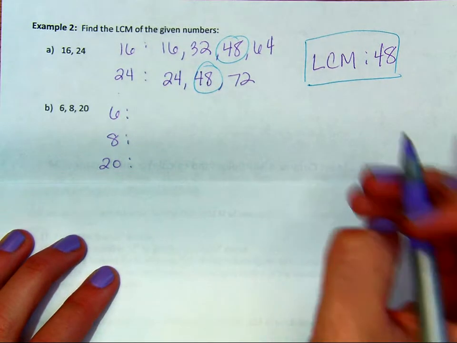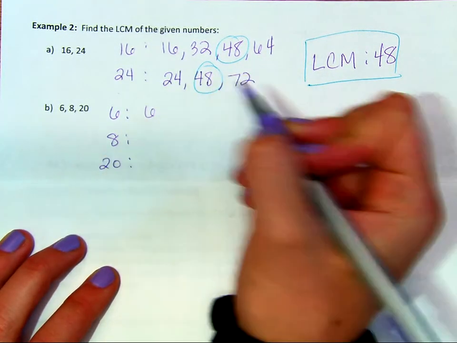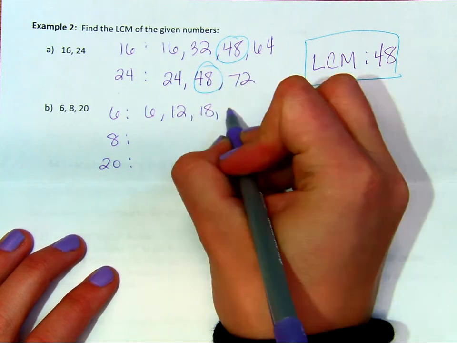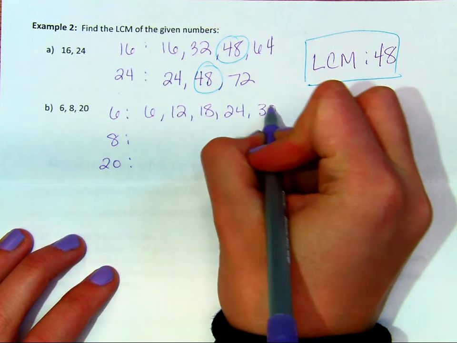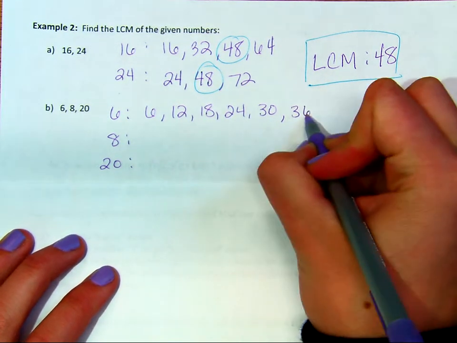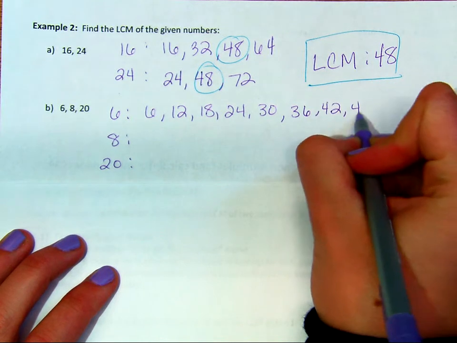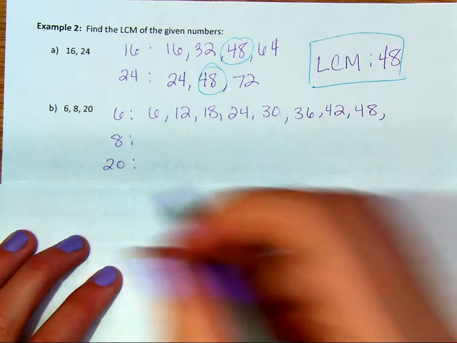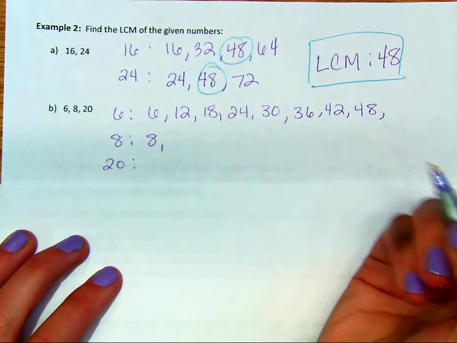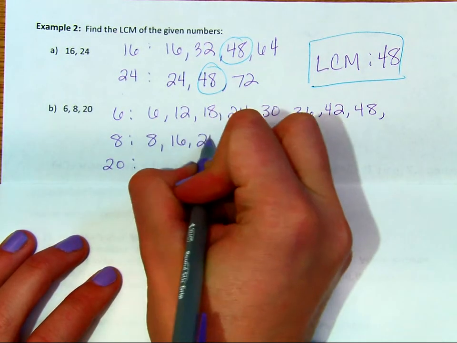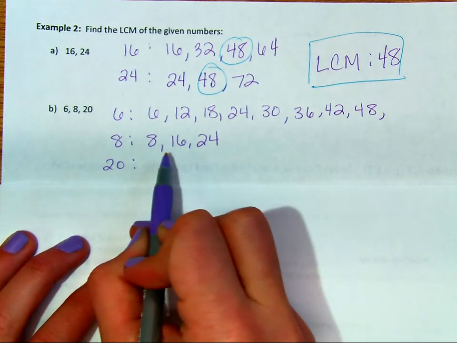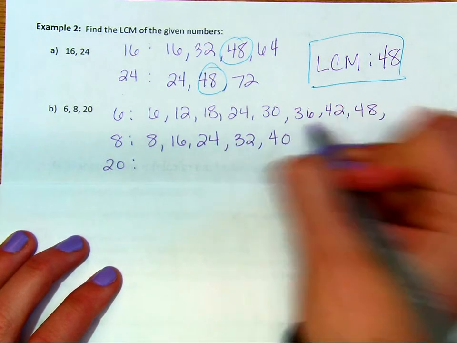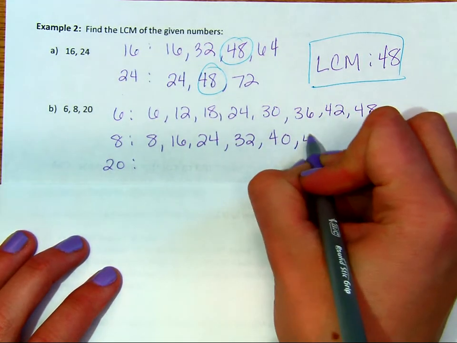So 6, let's see if I can count by 6s this time. 6, 12, 18, 24, 30, I'm not going to forget that this time, 36, 42, 48, and this could keep on going. I'm going to stop for now. 8, 16, 24, I'm just counting by 8s here. I'm listing out all the multiples of 8. 32, 40, 48.